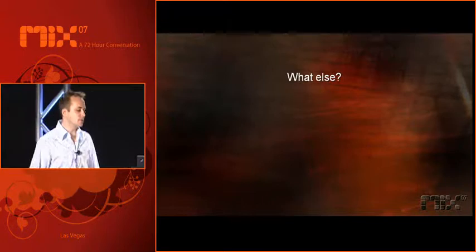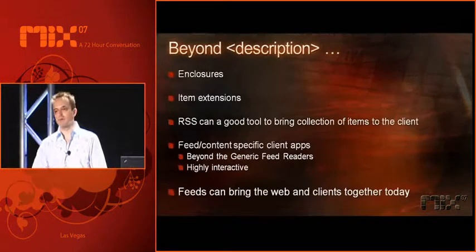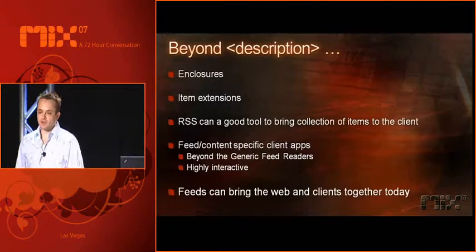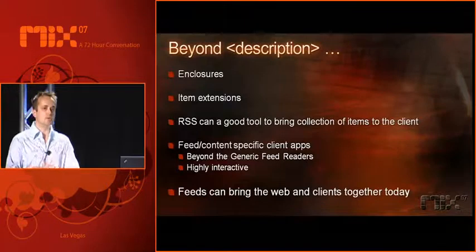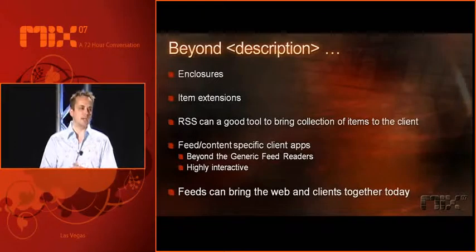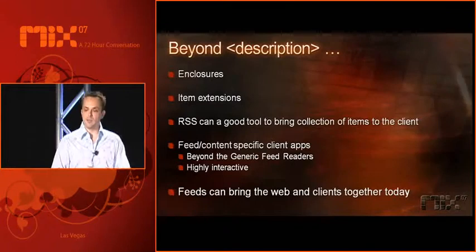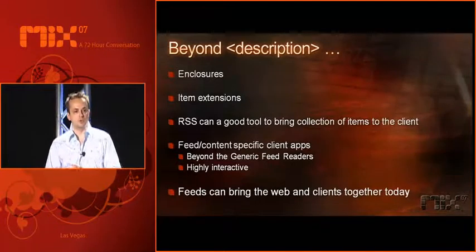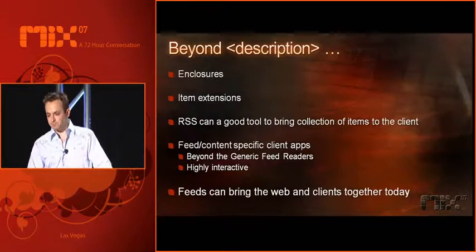What else? I basically just described some of the very basic ways of how you can interact with RSS, that's just text, essentially, right? You get some item descriptions or things like that. But there's more that RSS has already been used for. The first entry here, I'm sure most of you are familiar with. The premier example of that is podcasting, where each item has attached an audio file so that it can be downloaded onto your mobile music device, aka iPod, and you can then start listening to it.